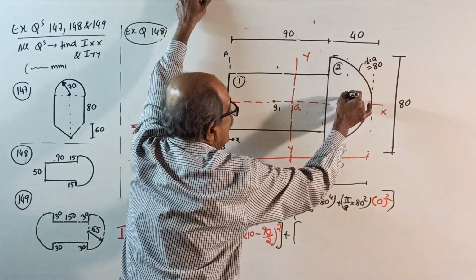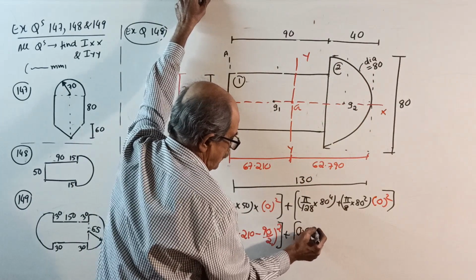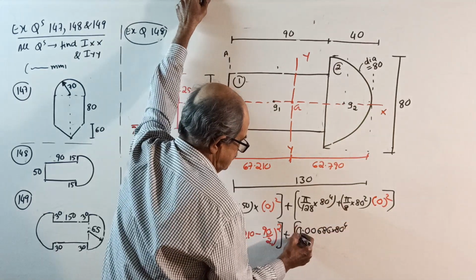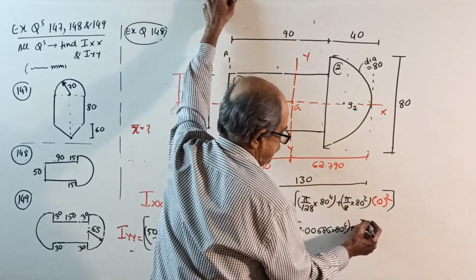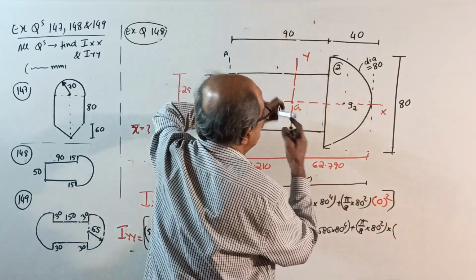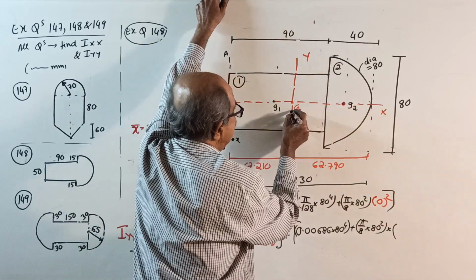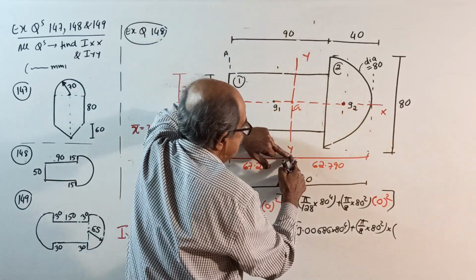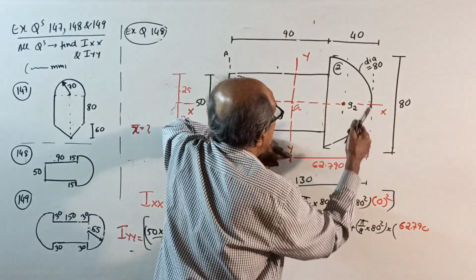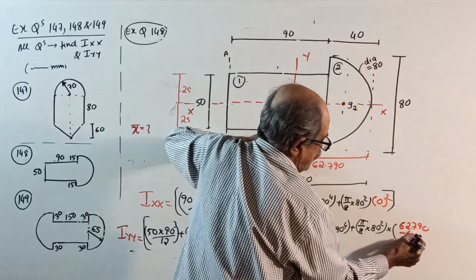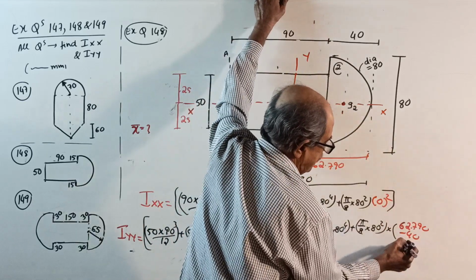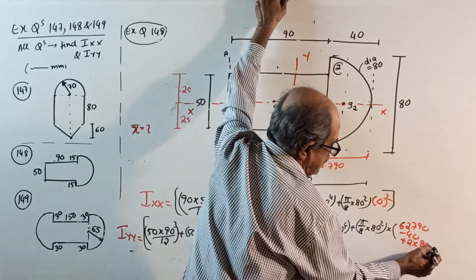Plus second one, I about own centroidal axis. 0.00686 into 80 power 4 Ig plus area, pi by 8 of 80 square is the area into, see, this distance square, be careful, 62.790 minus 40, that will give you this distance, plus 2d by 3 pi, plus 2 into 80 divided by 3 pi.